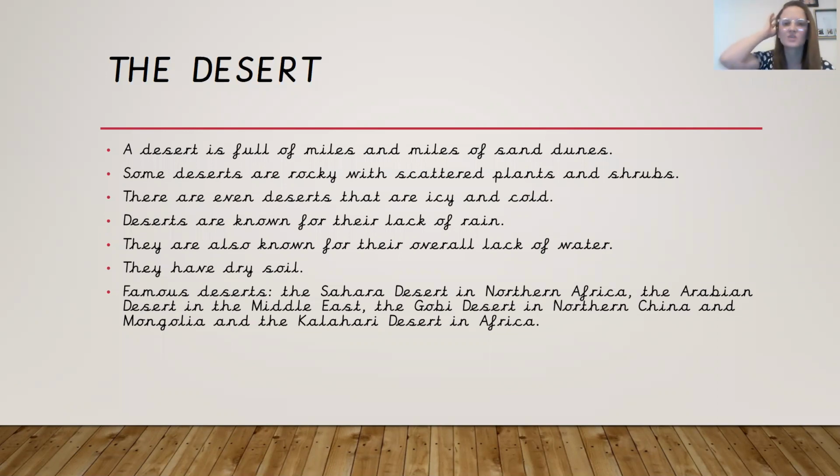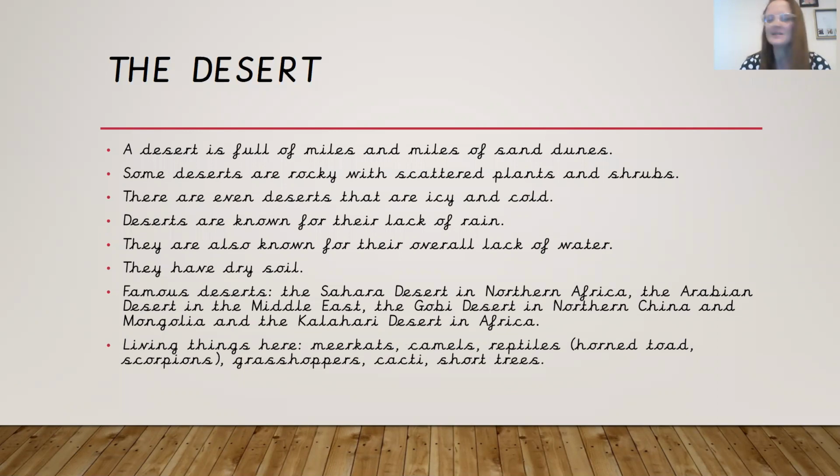And as mentioned, the soil will be dry and there's very little water. So things that live in our deserts are things like meerkats, camels, different types of reptiles like horned toads and scorpions, grasshoppers, cacti, and short trees.